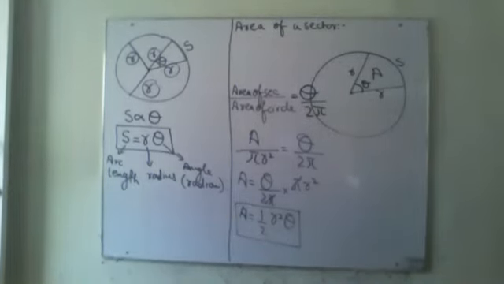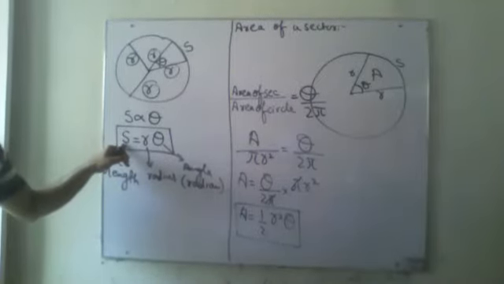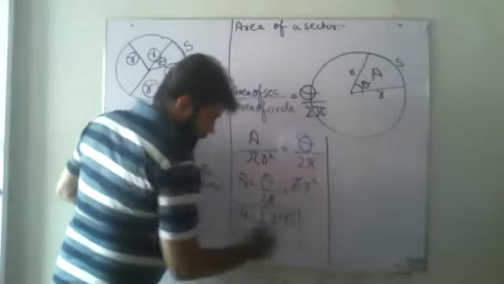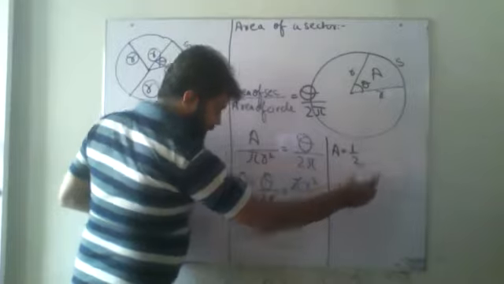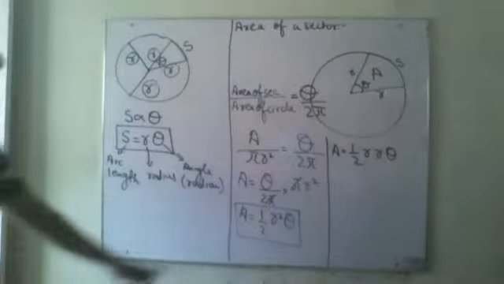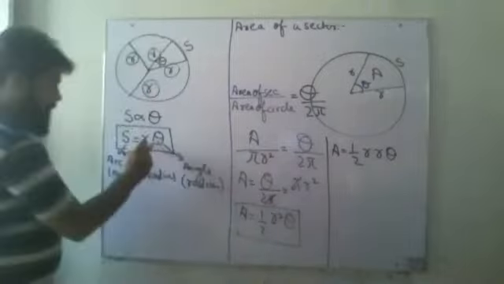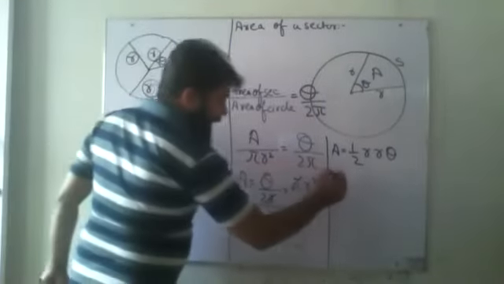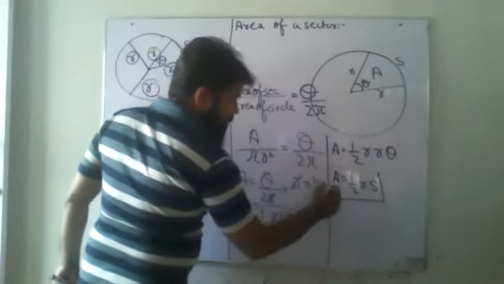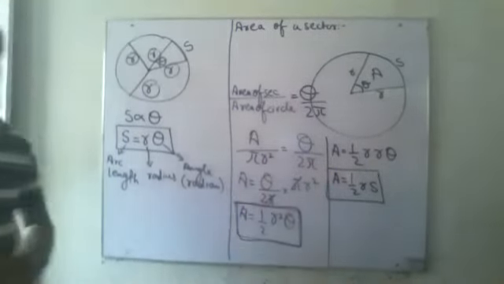Now I know that r theta is equal to S. So in A equals half r square theta, as it is written r square, I can write it as r times r theta, and r theta is equal to S. So A equals half r S. These are the two formulas for area of sector which you have to remember.